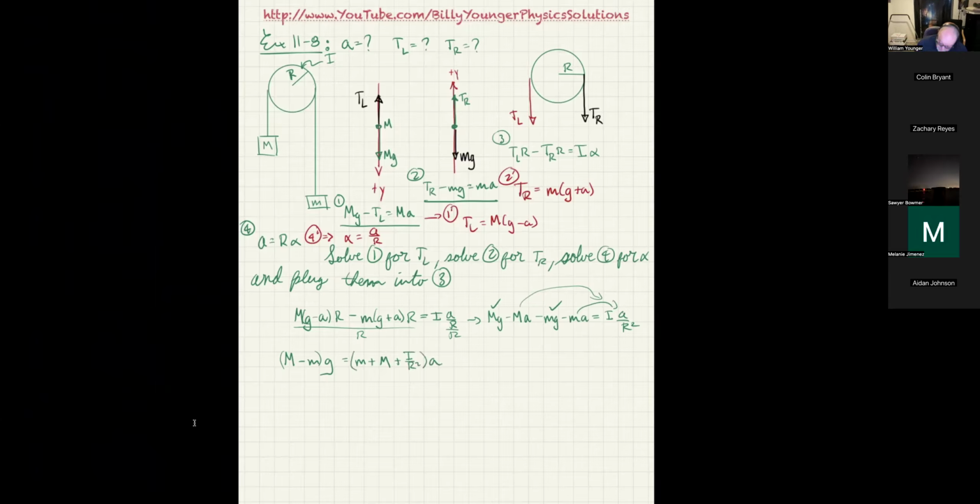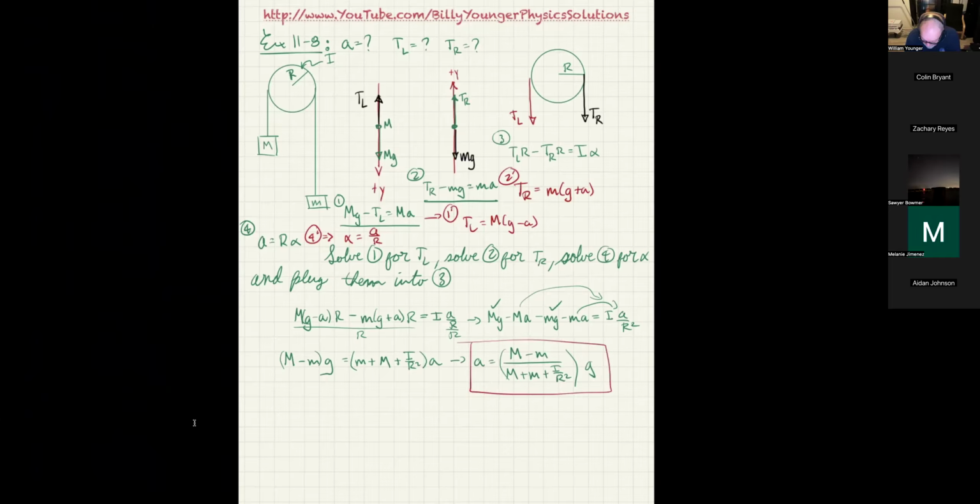And all that is times a. So now I can solve for a, and I see that a is (M minus m) over (M plus m plus I over R squared), all of that times g. And notice I've written it where it has a dimensionless quantity, the part in parentheses, multiplied by a dimensionful quantity that has exactly the units that we want, namely g.